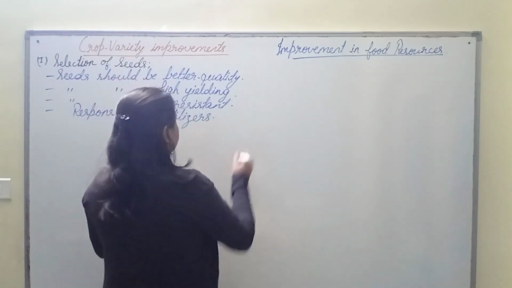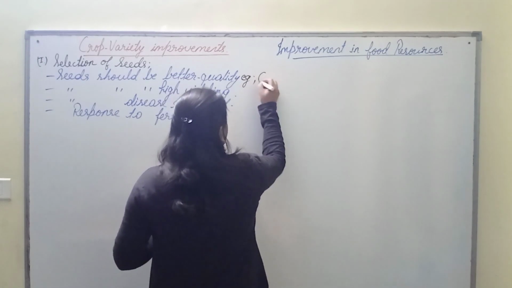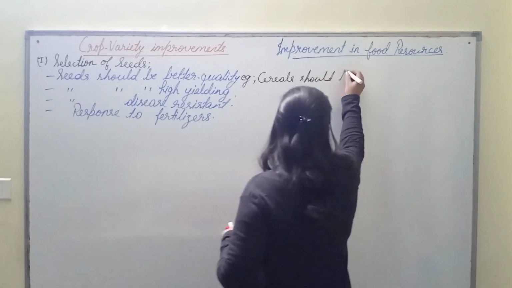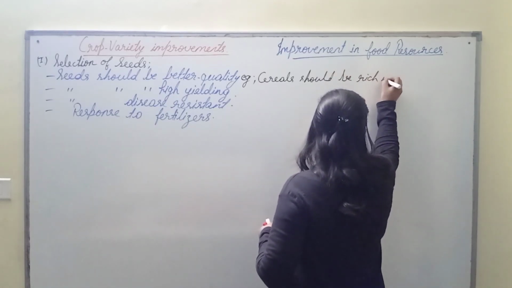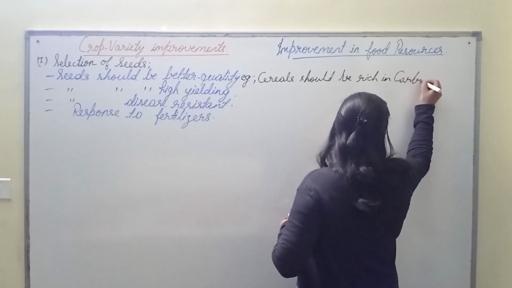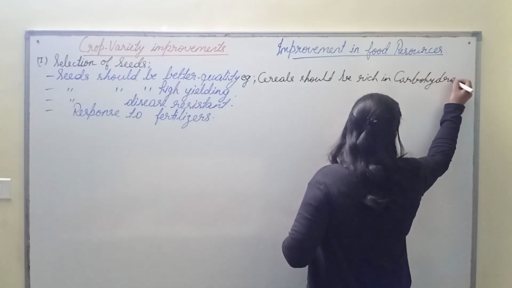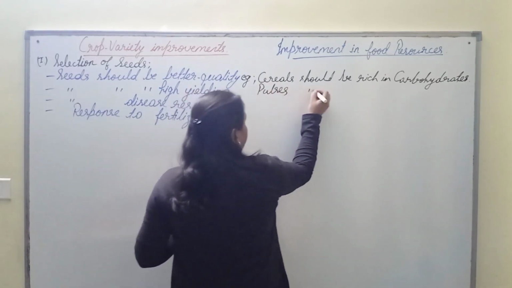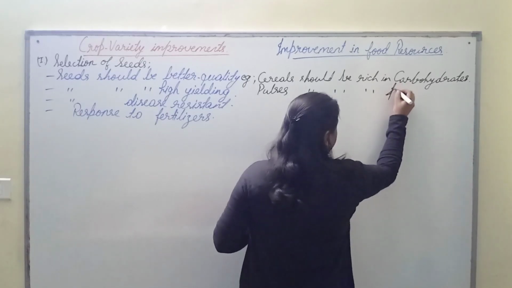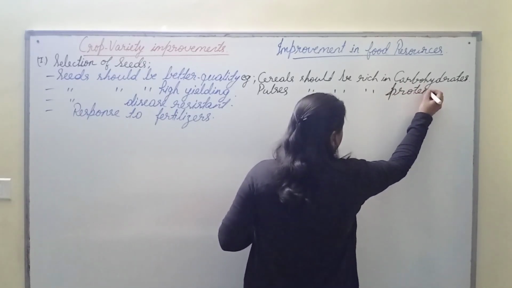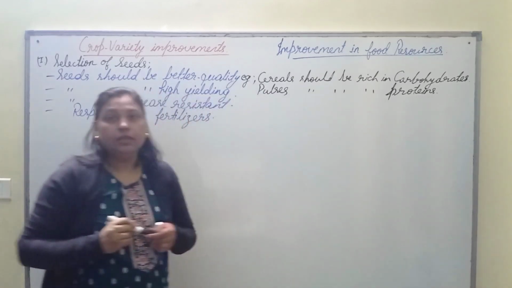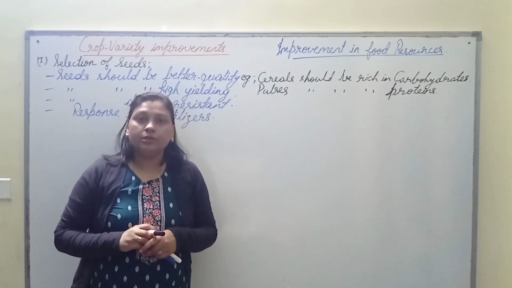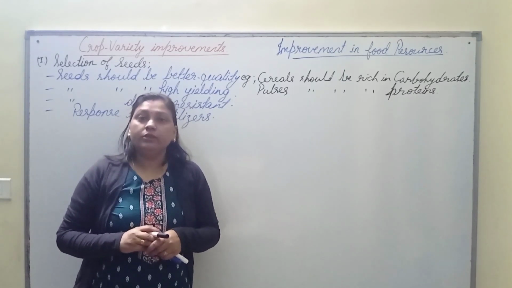So suppose cereals should be rich in carbohydrates, while pulses should be rich in proteins. Similarly, vegetables and fruits should be enriched with vitamins and minerals and also possess the preserving qualities.